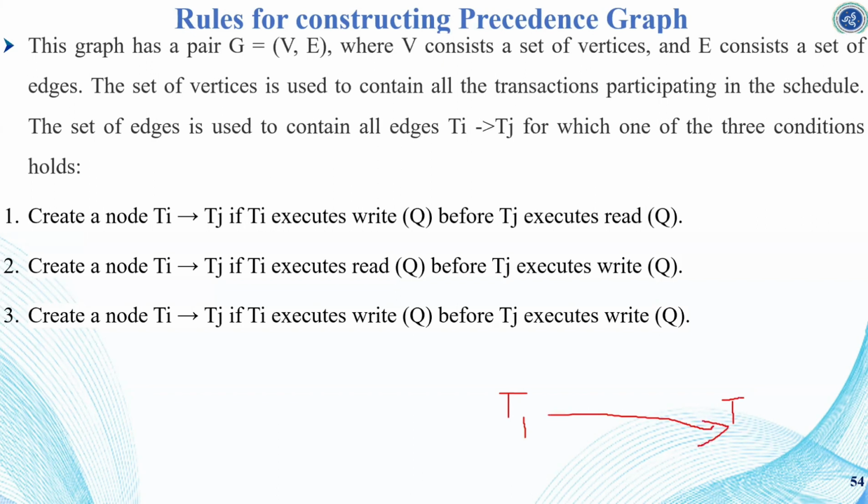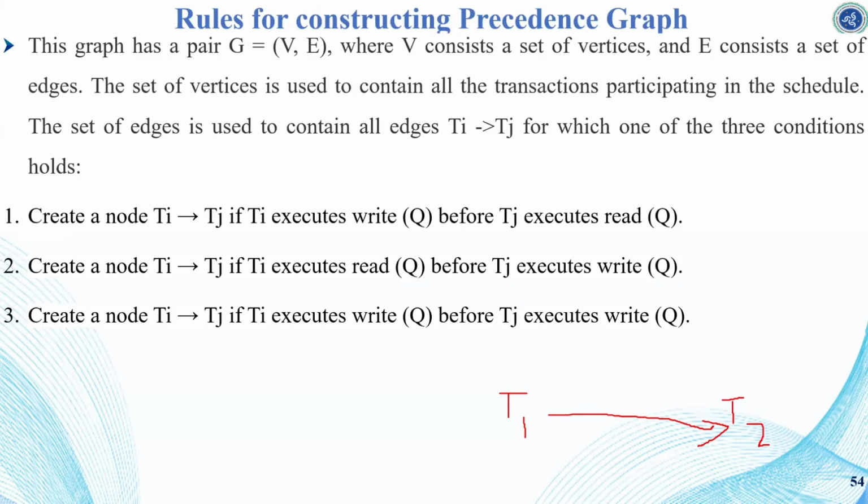So if there is an edge from T1 to T2, that is, T1 executes a read operation before T2 executes a write operation, that is a read-write conflict, then we will have an edge.